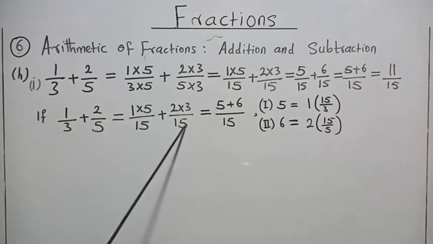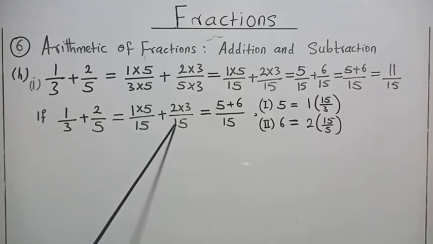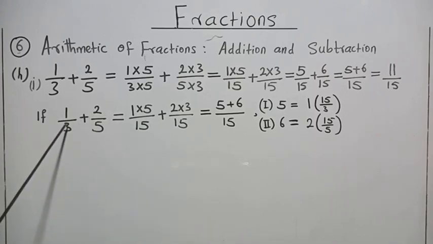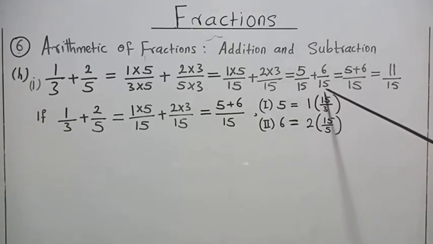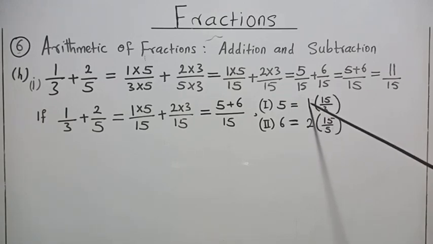That is, divide 15 by 3. The result times 1. See it here. 15 divided by 3. Whatever you get times 1.